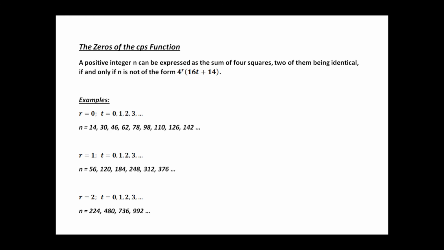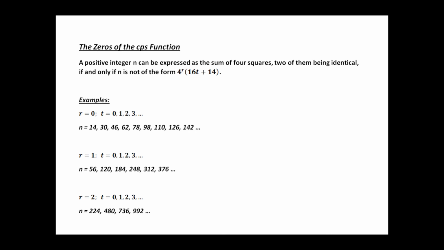Let's see some of these numbers. If r is equal with 0, and t changes, one gets the sequence 14, 30, 46, 62, 78, 94, 110, 126, 142, and so on.